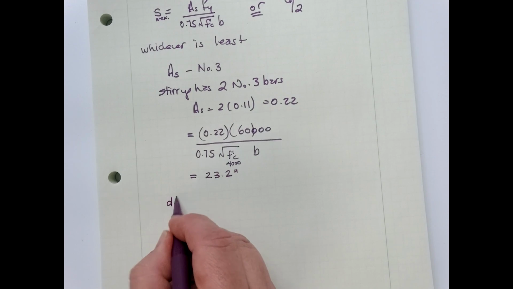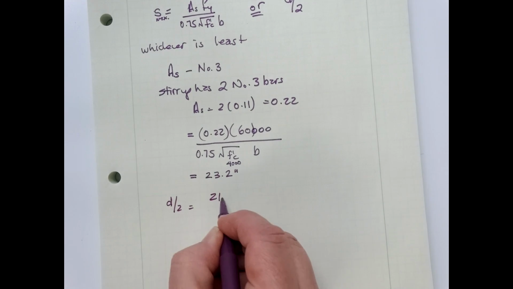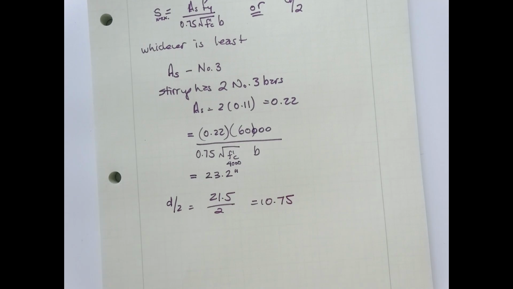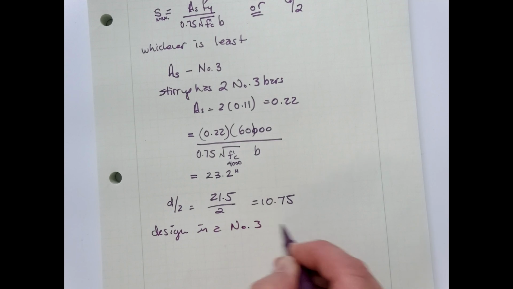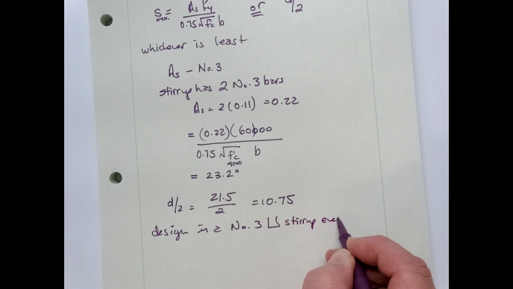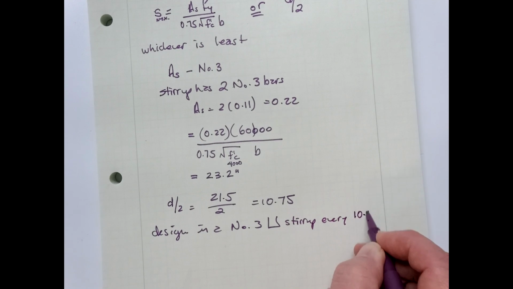D over 2 is 21.5 over 2, which is 10.75. We have to use the lesser of the two, which is 10.75. So our design is a number 3 U stirrup every 10.5 inches.